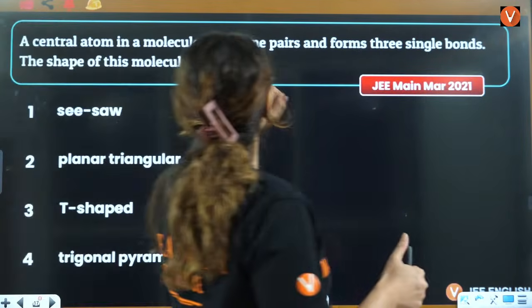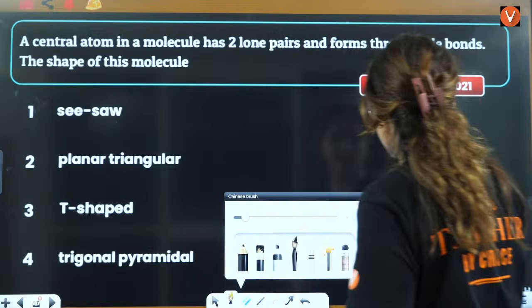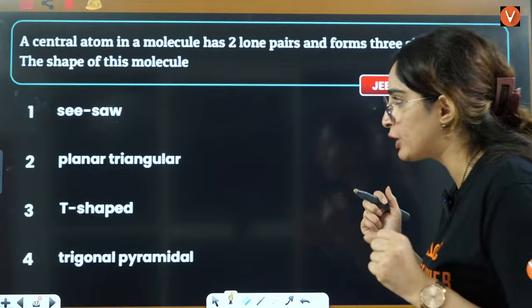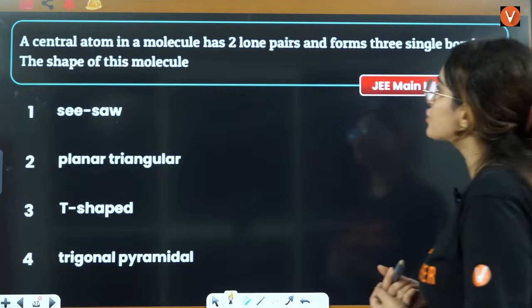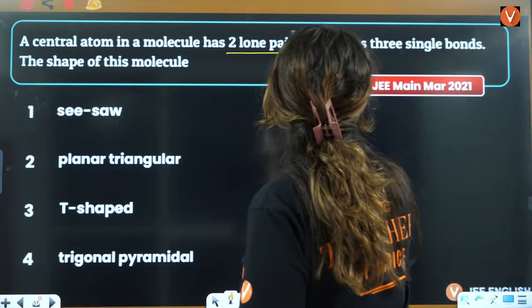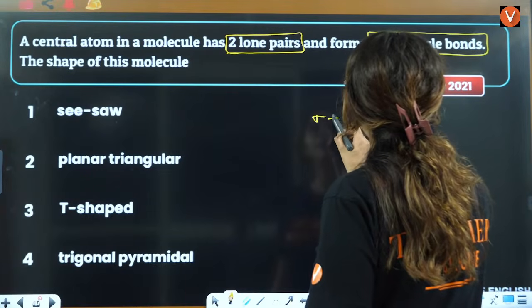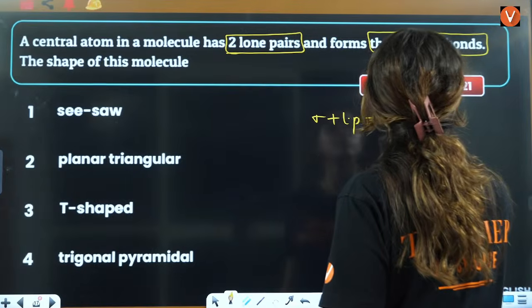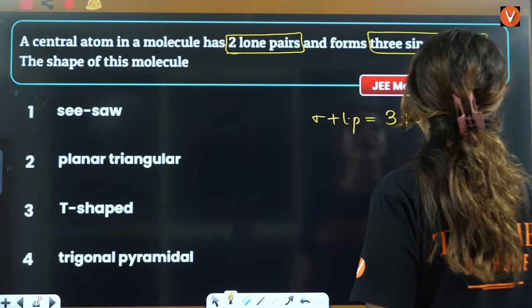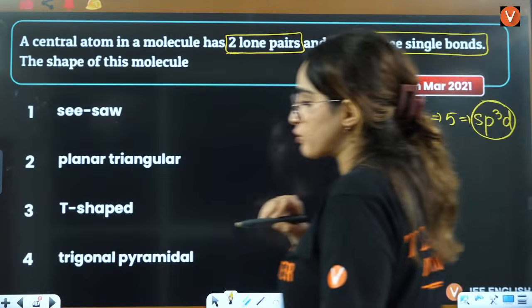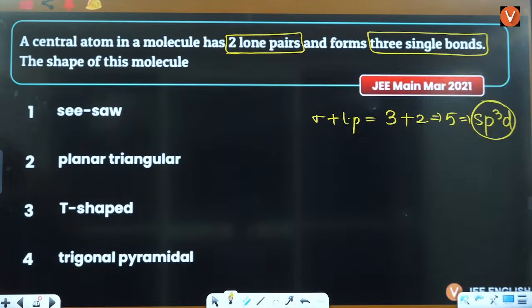A central atom in a molecule has two lone pairs and forms three single bonds. The shape of this molecule is what? It has two lone pairs and forms three single bonds. So sigma plus lone pair is 3 plus 2, that is 5. That is going to be sp3d, so it is trigonal bipyramidal.